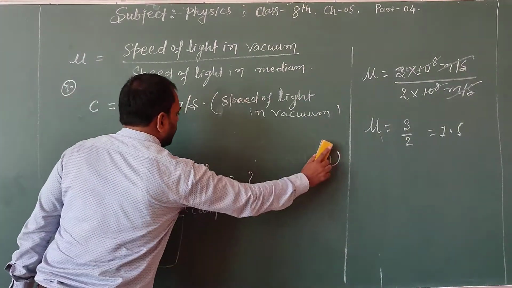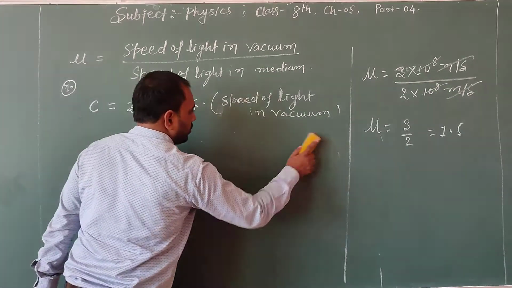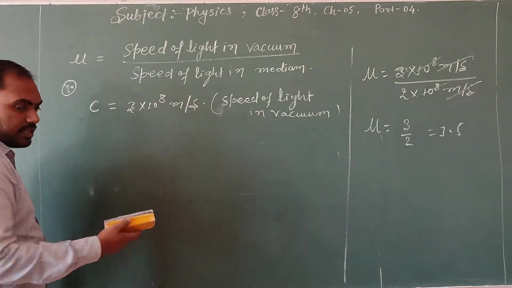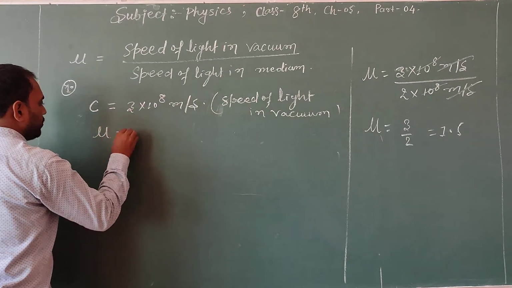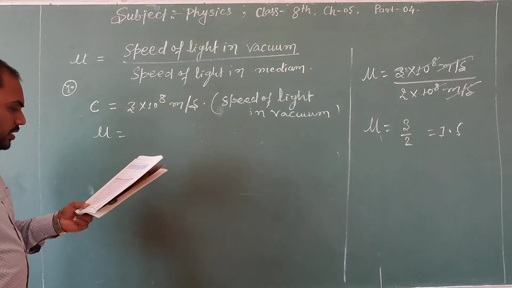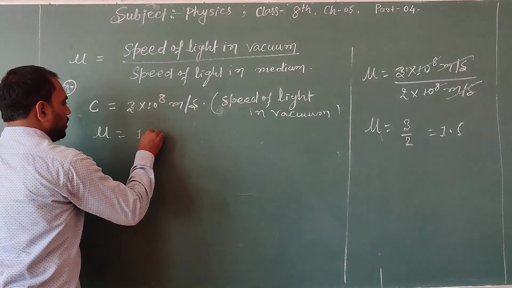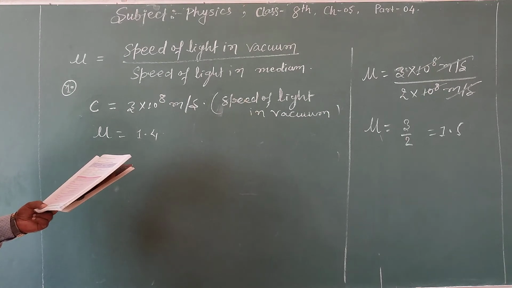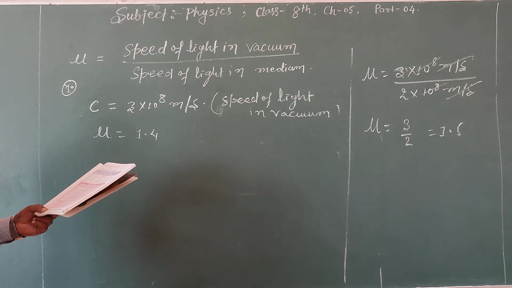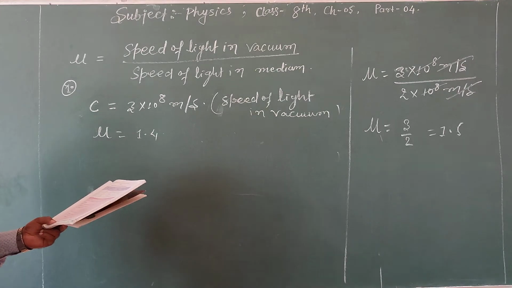In the second question, what is the change? It has given the refractive index, means mu is given. Mu is 1.4. Now it is asking for the speed of light in that medium.